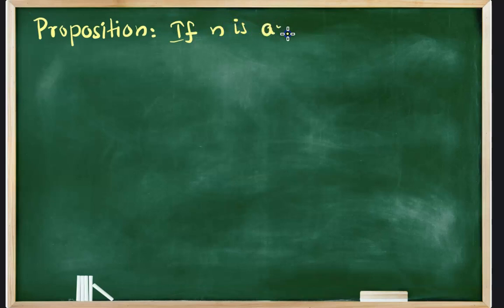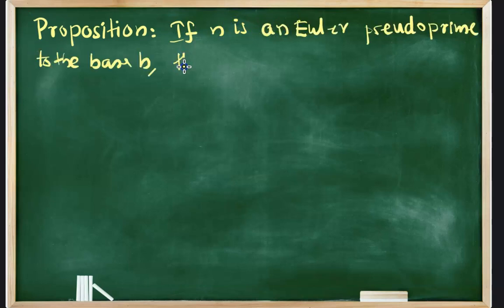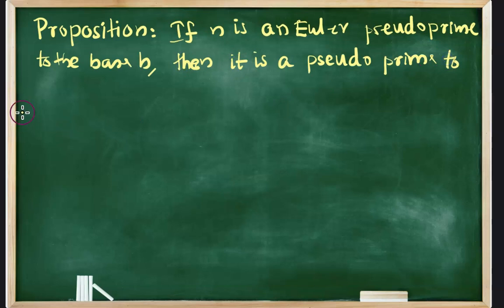So we have the result: if n is an Euler pseudo prime to the base b, then it is a pseudo prime to the same base b.